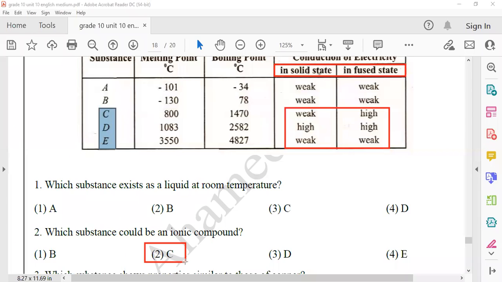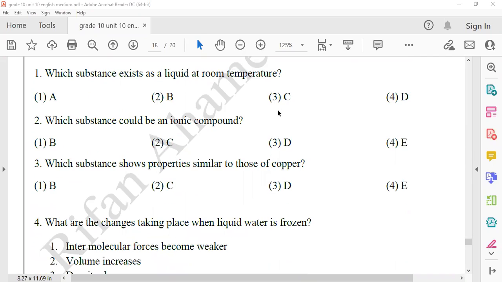D. So D is the right one, correct? In liquid state they will conduct electricity, and in solid state they will also conduct electricity.